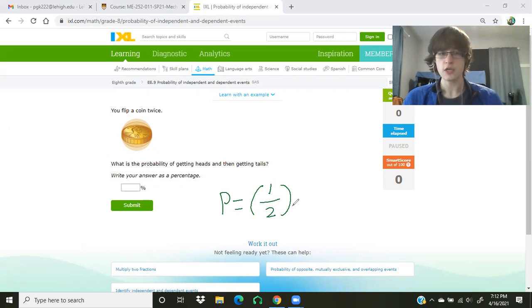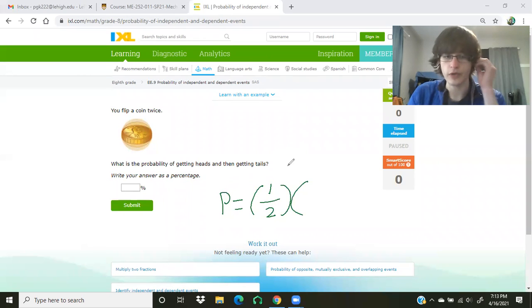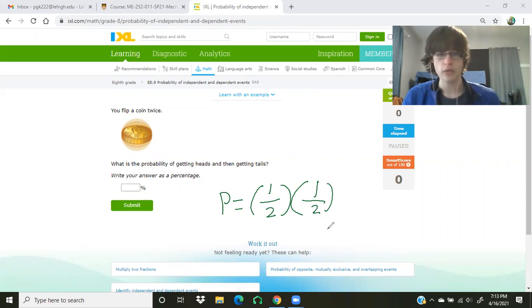So then we go to the second probability fraction. What is the probability, after we've gotten heads, of getting tails? Again, these are independent events, so it's as if we've just flipped the coin for the first time. So the probability is 1/2 again, because we have tails as our want. The total possible number of outcomes is 2, because heads or tails.